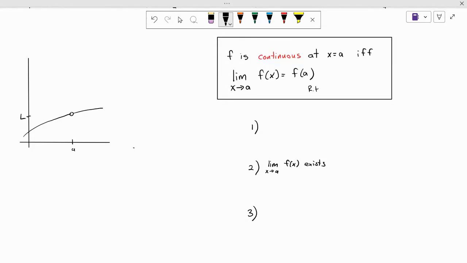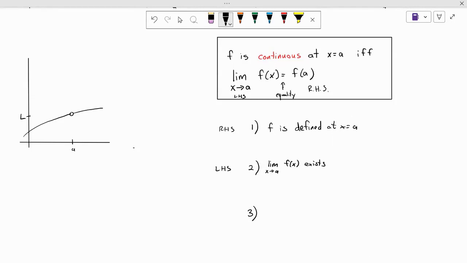Okay. The right-hand side over here, well, if you write that, it implies that f must be defined at a. It must exist there. This is like the left-hand side. This is like the right-hand side. And this is the equality.